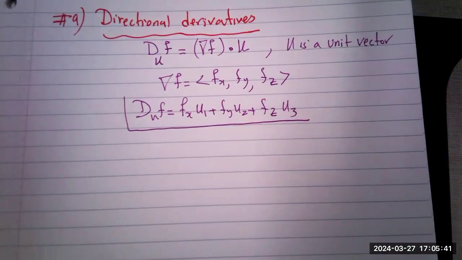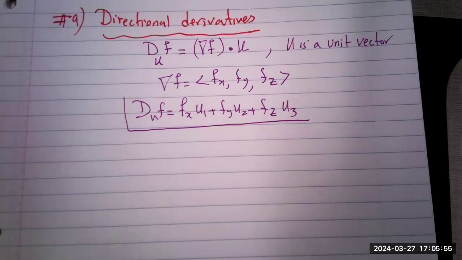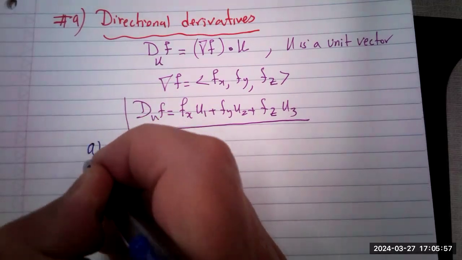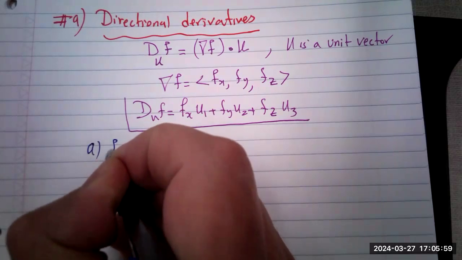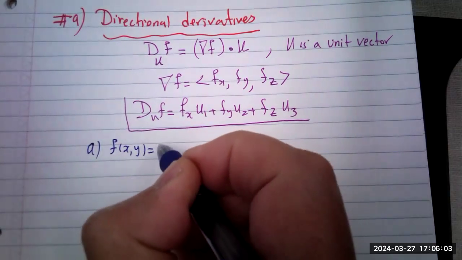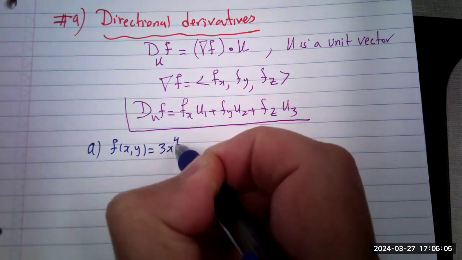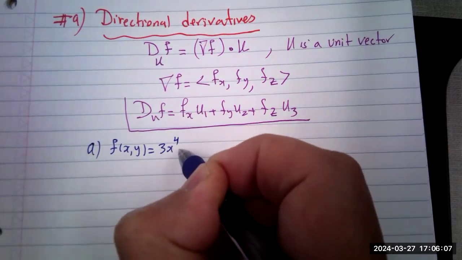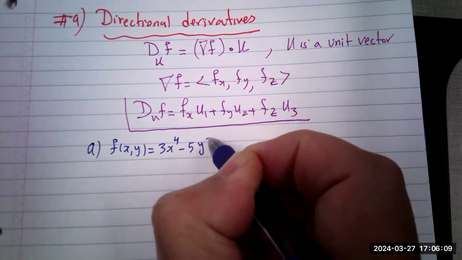If it's a function of two variables, you don't have any z. So we have a couple of them over here. Be patient, substitute to get the numbers. It can be two variables or three variables. The first case is this one, a function of two variables: f of x, y is equal to 3x to the fourth minus 5y squared.